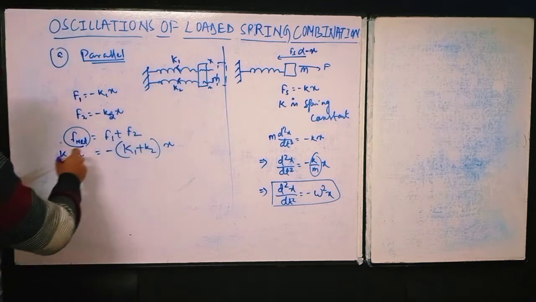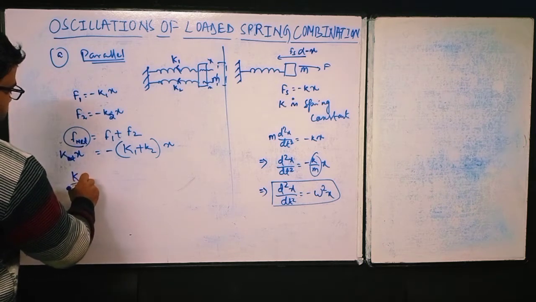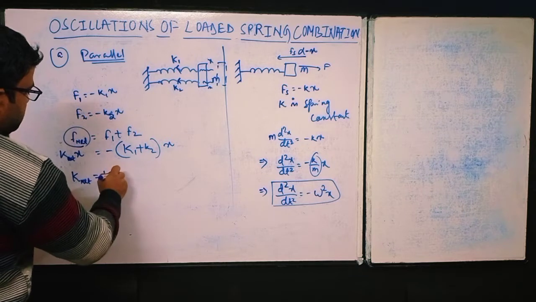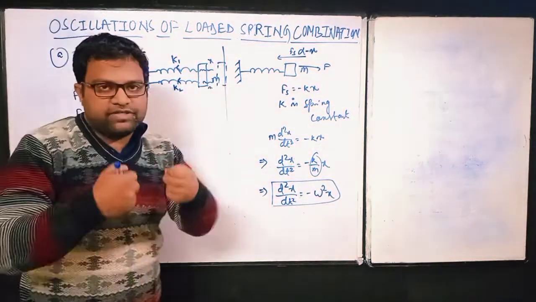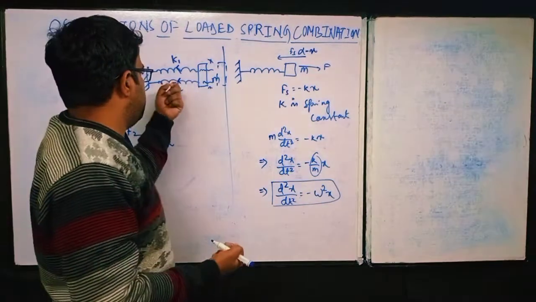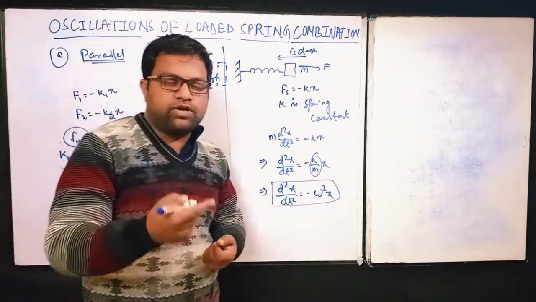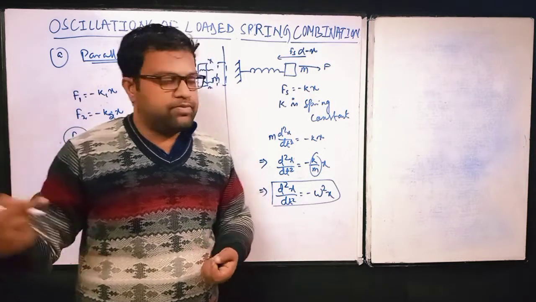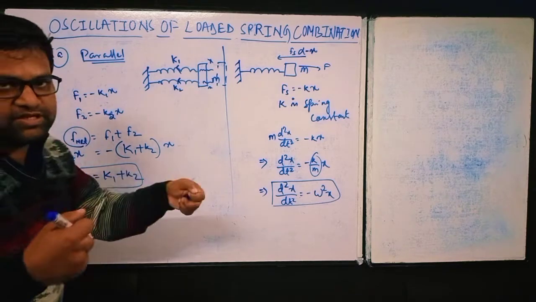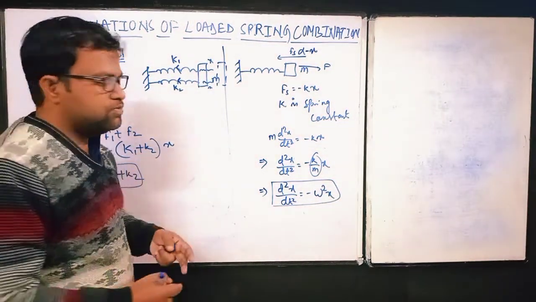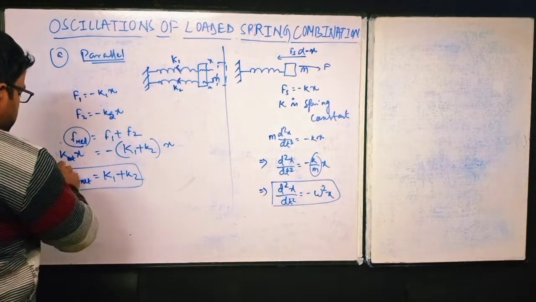So the net spring constant is k1 plus k2 if springs are connected in parallel with different spring constants. Remember, for resistors connected in parallel, 1 upon R equivalent equals 1 upon R1 plus 1 upon R2. But if springs are connected in parallel, it's like a series connection of resistors, R1 plus R2. So here k net is equal to k1 plus k2.